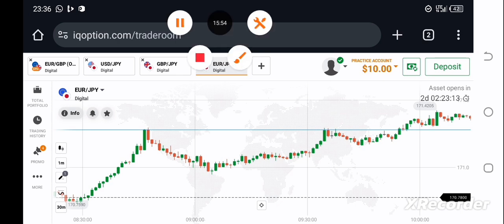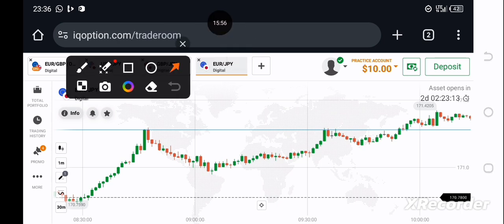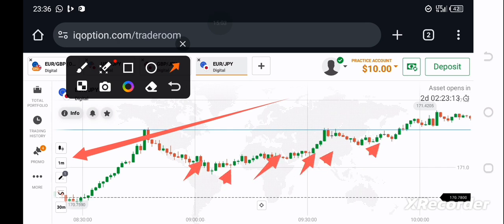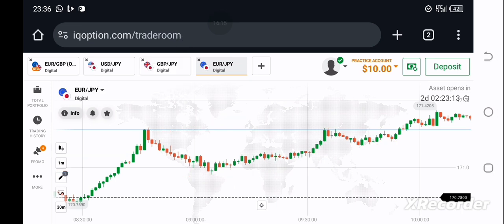Like I tell you, your candle should be on 1 minute first of all. You can see this is the 1 minute candlestick. That means every candlestick here is formed within 1 minute. Then you click this particular button here and change it to 5 seconds so that you can get a confirmation entry.